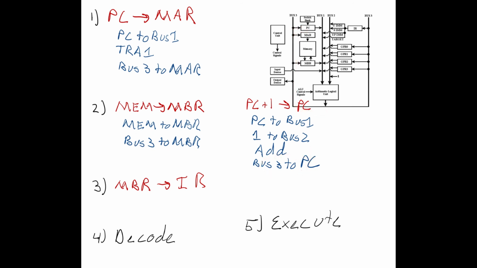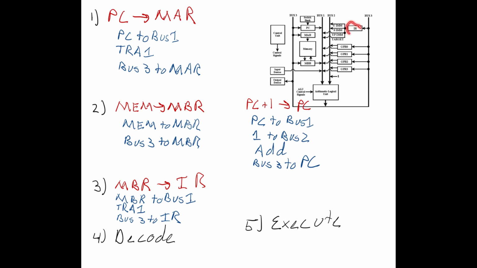Now the last step of the fetch before we start decoding the instruction, is to get the instruction out of the MBR and up into the IR. So those switches are MBR to bus 1, TRA1 to pass bus 1 onto bus 3, and then bus 3 to IR, which is the clock that clocks the data from bus 3 into our instruction register.